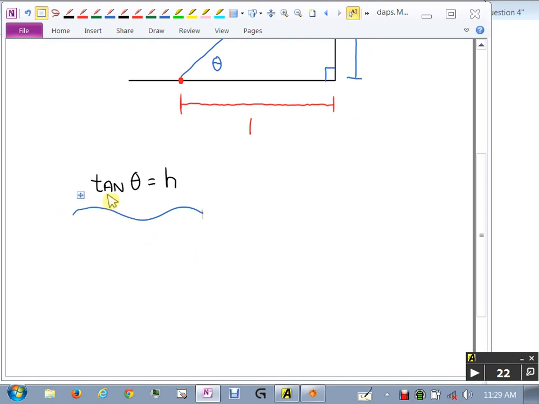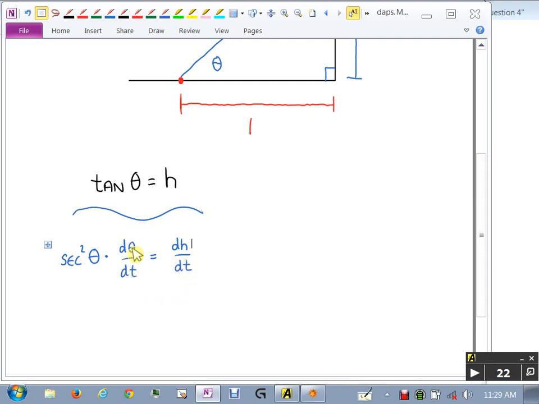So what is the derivative of tangent theta? Secant squared theta, then chain rule says times the variable d theta dt. And we're done on the left side. What's derivative of h with respect to time? dh dt.